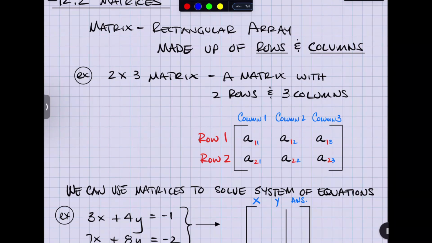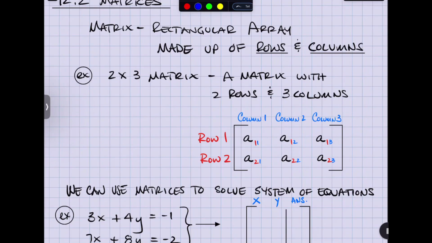A12 is the element in row 1, column 2. Row 1, column 3, row 2, column 1, row 2, column 2, row 2, column 3. So how we name the matrix, row by column, is also how we name the elements, row then the column. We okay there so far?